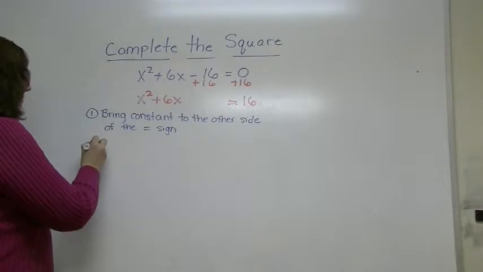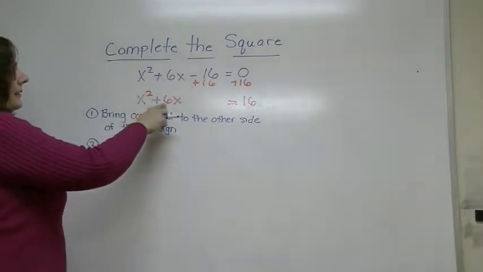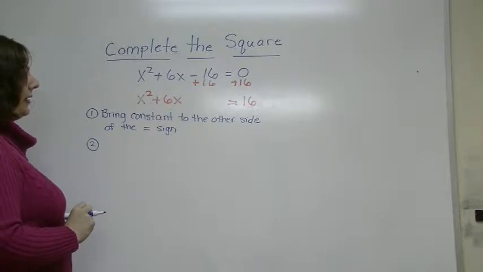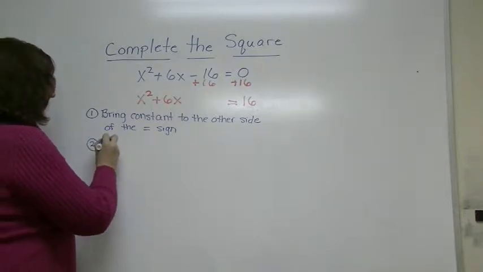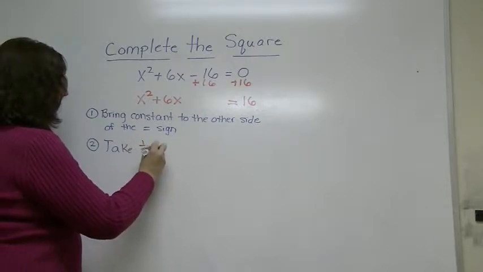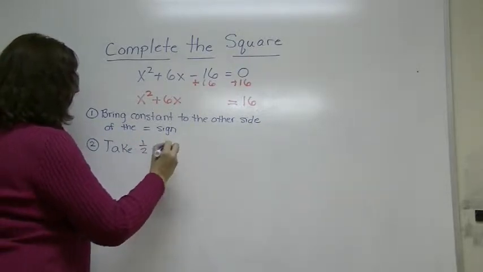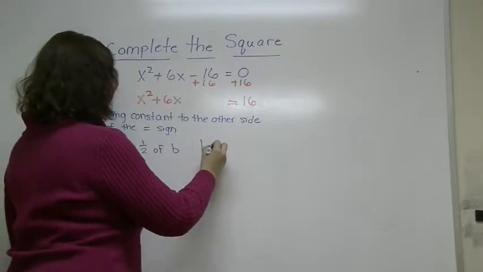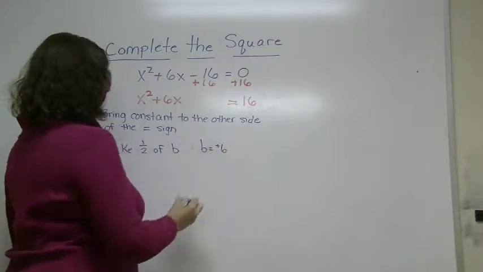Step 2 is to take half of your b term, the number in front of your x. So my b is equal to positive 6.